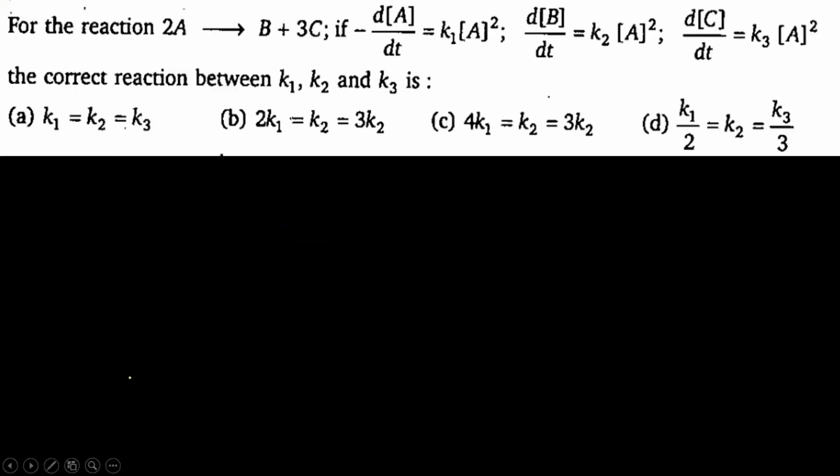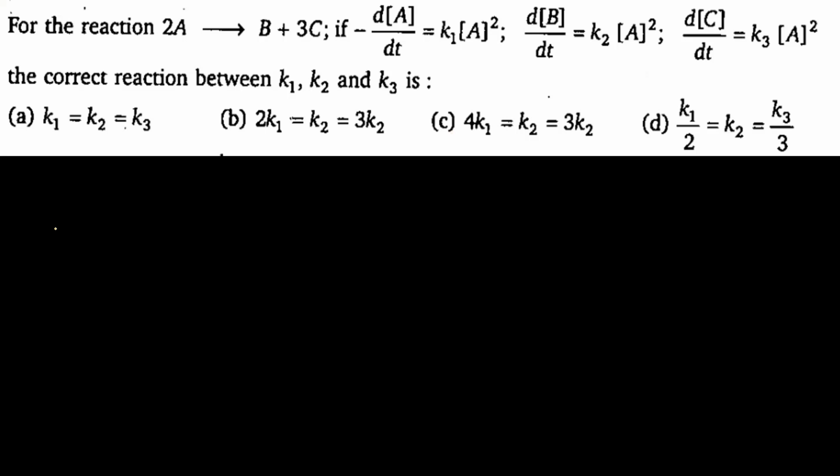Our next problem is for the reaction 2A gives you B plus 3C. If negative sign dA upon dt is equal to K1 into concentration of A power 2, dB by dt is equal to K2 into concentration of A power 2, and dC upon dt is equal to K3 into concentration of A power 2. The correct relation between K1, K2 and K3 is?